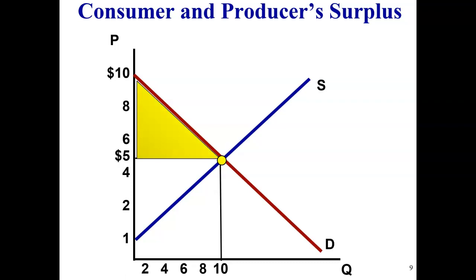Okay, and so of course we could actually quantify this. I know that consumer surplus, in this case, if the quantity that's allocatively efficient is a quantity of 10, let's say 10 water bottles, and the equilibrium price is $5. So everybody in this market is going to be buying and selling water bottles at the equilibrium price of $5, right?